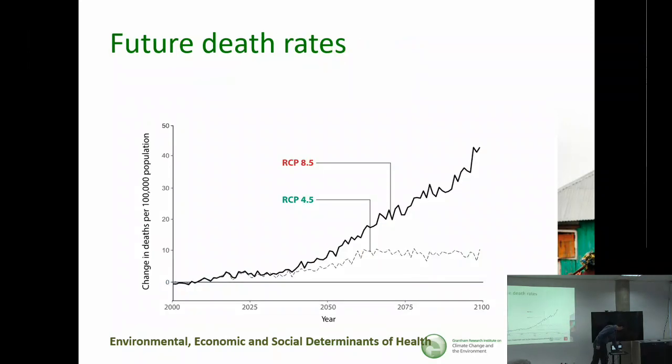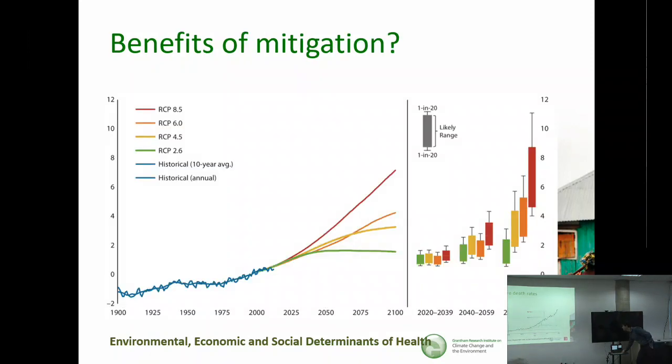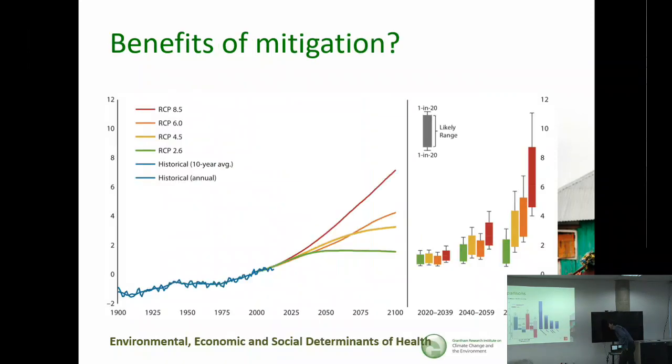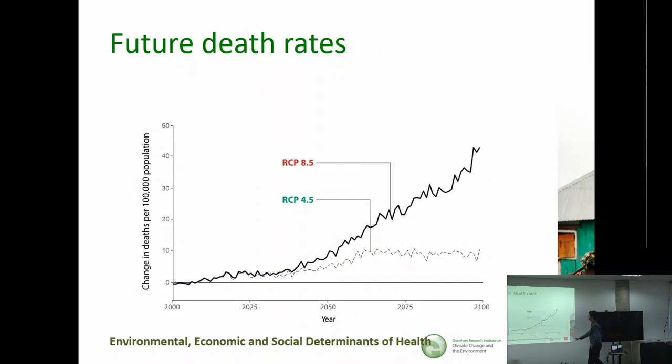So if you think about the benefits of that kind of policy, we could go from this scenario, the numbers I was quoting you, where we're going to have about as many additional deaths as the total deaths of infectious diseases, a little bit less than the total deaths of infectious diseases. And we can bring that down from about 50 deaths per 100,000 to about 10 deaths per 100,000.